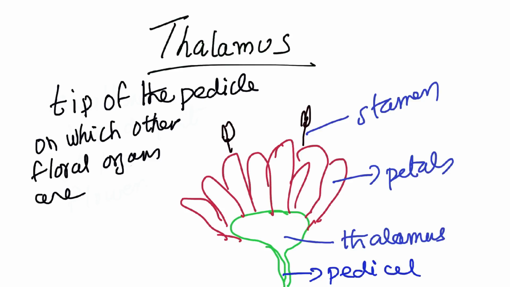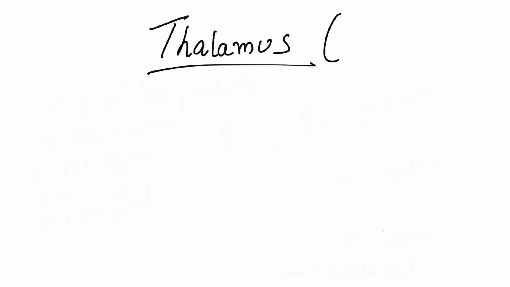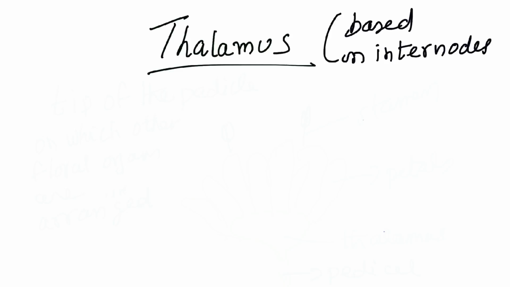Now we look at different morphological features of thalamus, and we start with how there could be internodes in thalamus. Based on the presence of internodes, thalamus modifications can be classified into three.